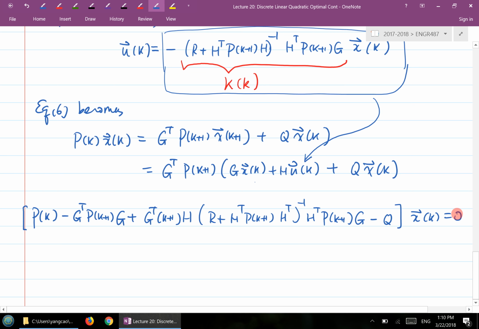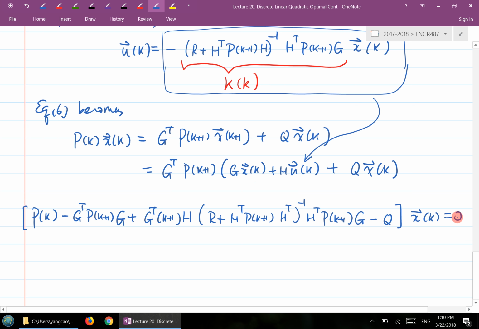Okay, that's that expression. So you have this long bracket times x of k equal to 0.